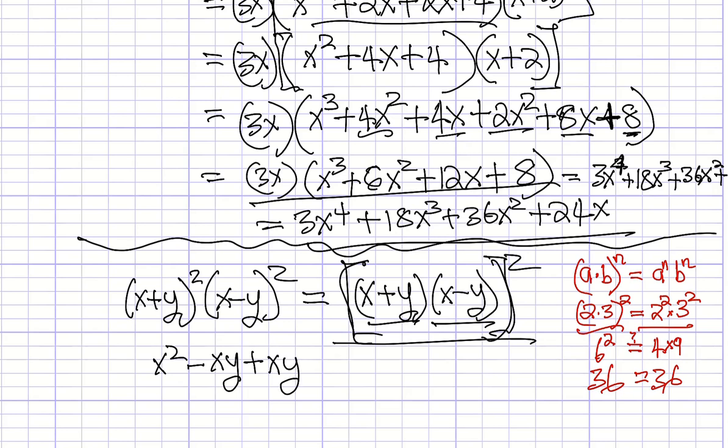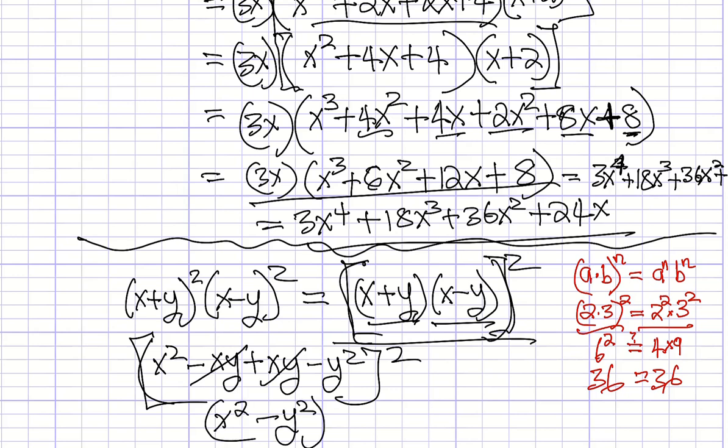And then y times negative y will be negative y squared, right? This cancels that. Don't forget, we got this in the exponent out there, right? So it will be x raised to power 2 minus y raised to power 2 all in exponent 2. You see that, right? We can write it like that.